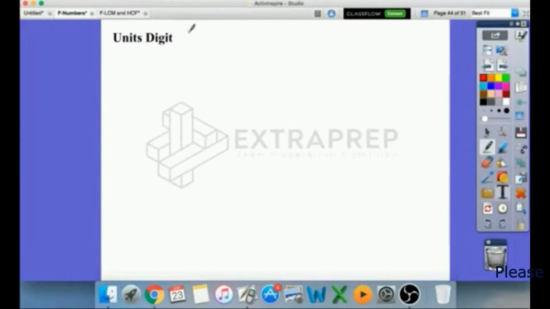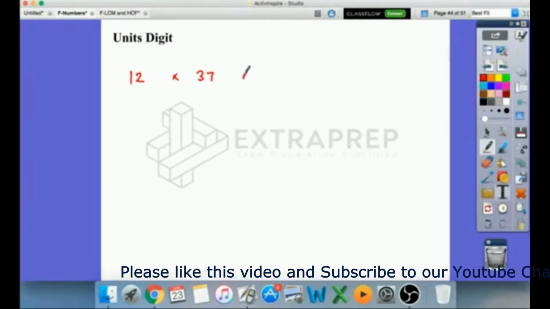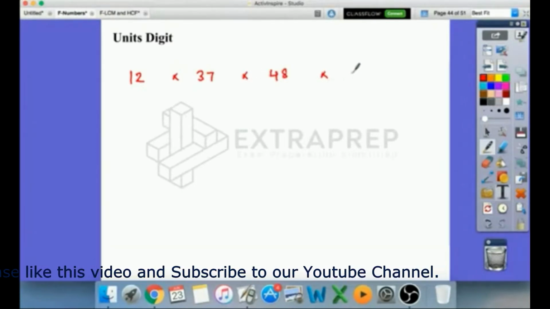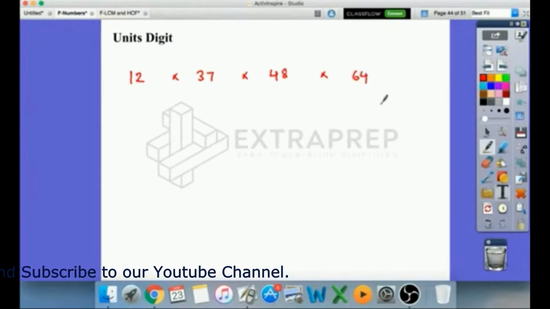Units digit. What you'll have to understand is they'll give you a question like this. If I give you a question like 12 into 37 into 48 into 64, when you multiply, you get a large number here. And if I ask you to find the units digit, the last digit of the number, what do we do?